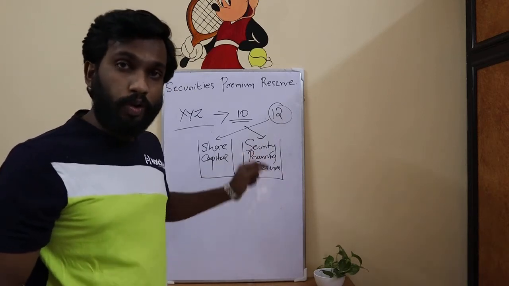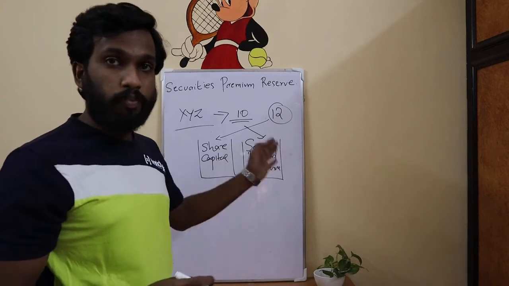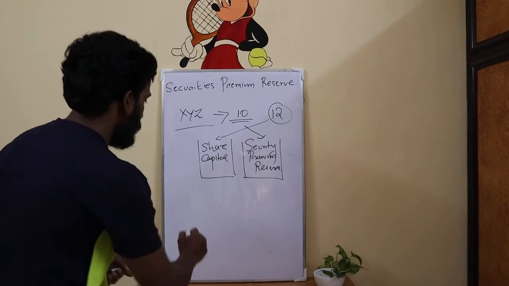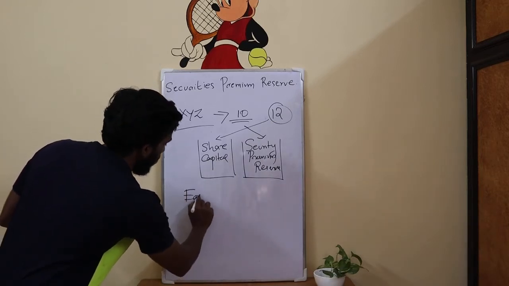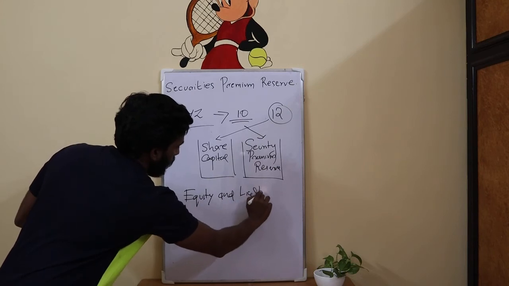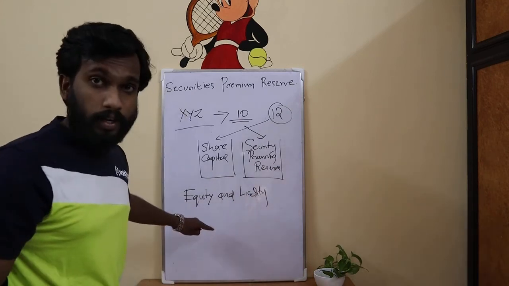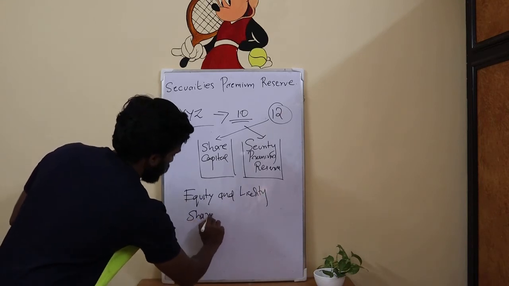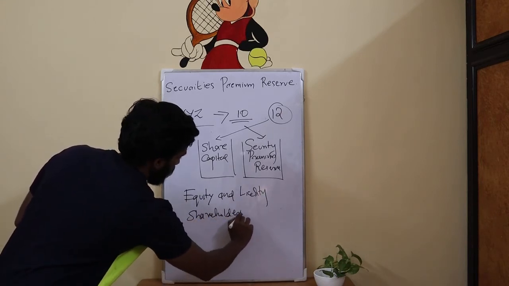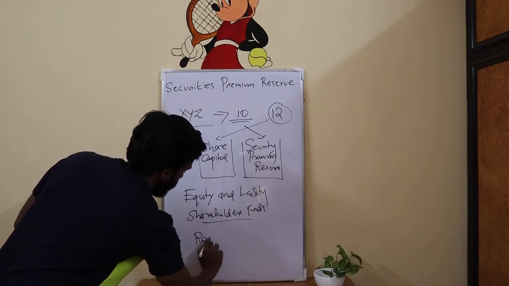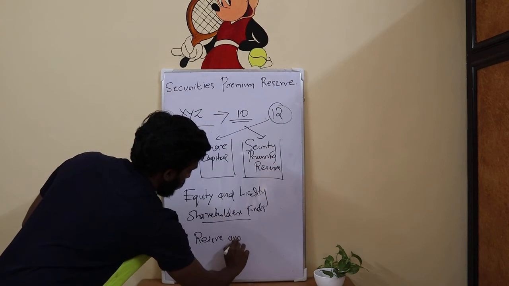Now where do you actually show this securities premium reserve with respect to the balance sheet? Now if you go to the balance sheet, you show it under the head equity and liability. Under this part, you show it under shareholders funds, under the subcategory reserves and surplus.